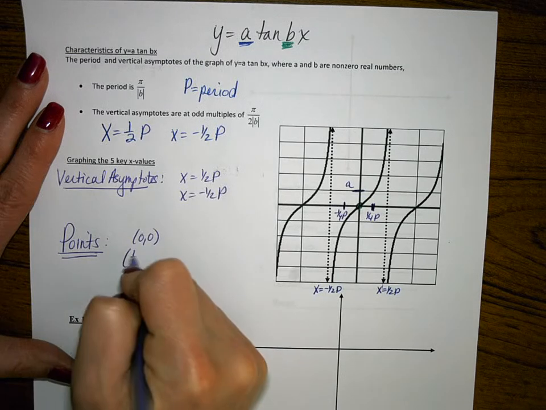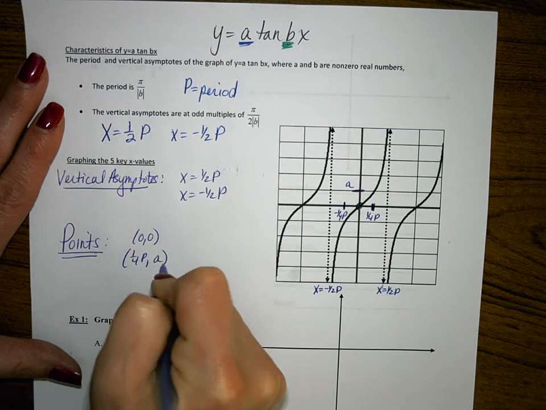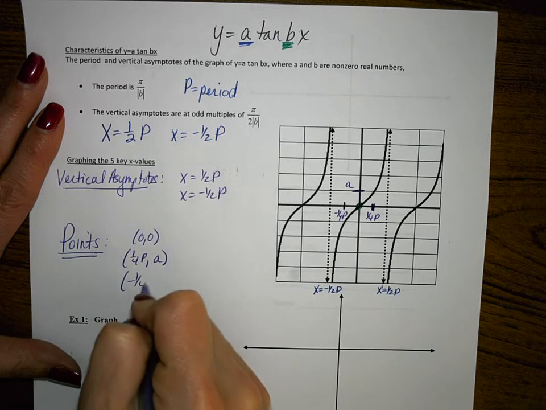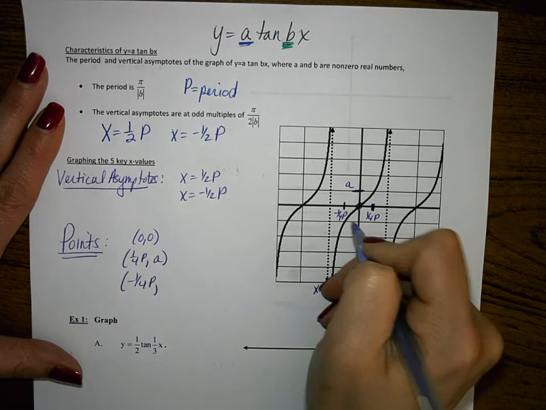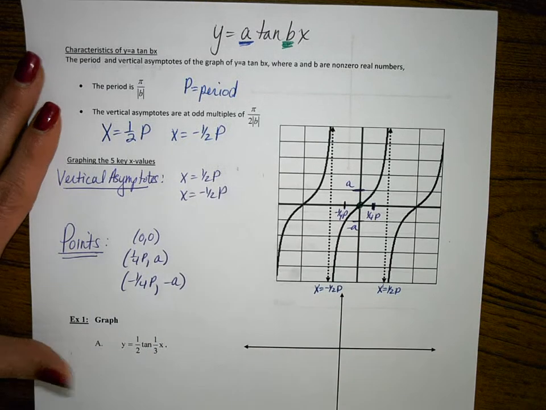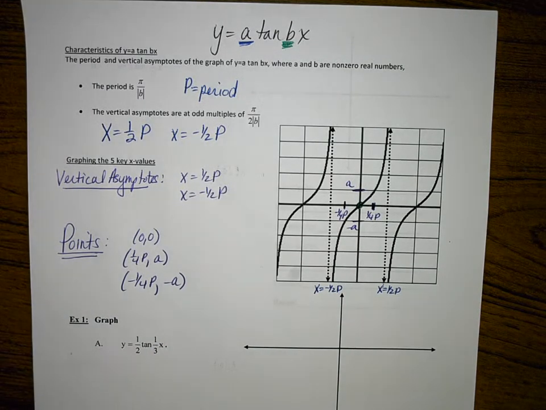If I take negative a quarter of the period, I will always be down a distance of A. So I'm going to graph my 2 asymptotes, I'm going to graph the 3 points in between, and I'm going to make that 1 cycle of tangent, and everybody's going to be happy.